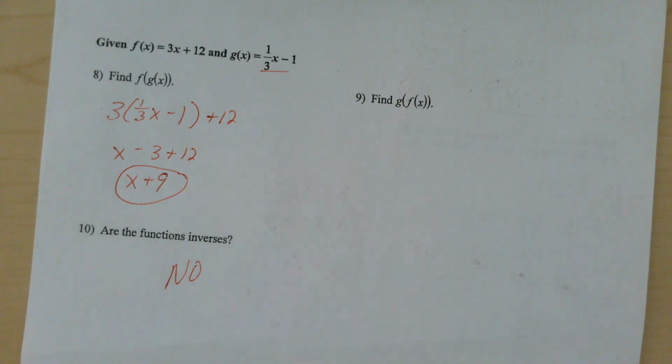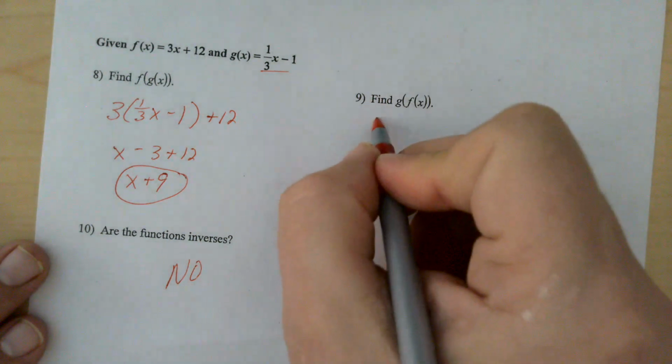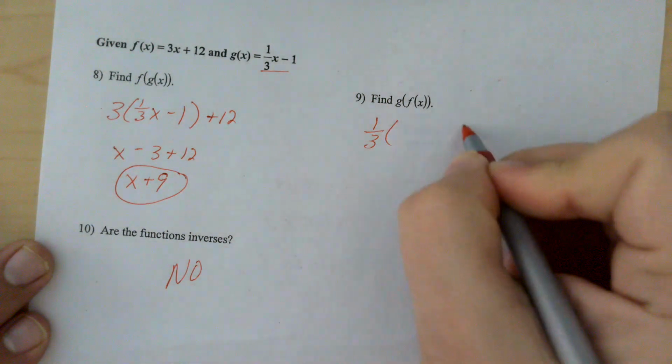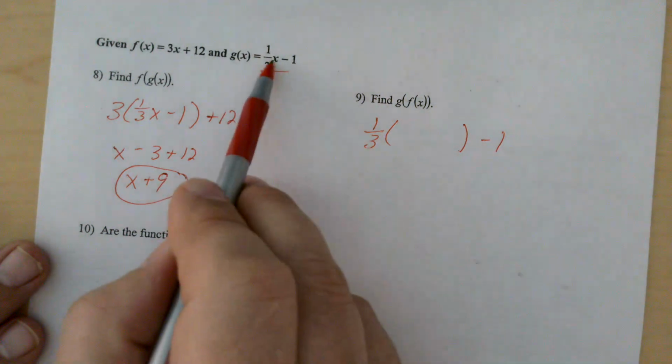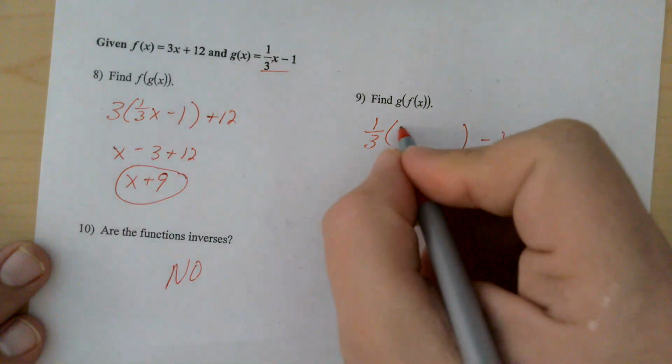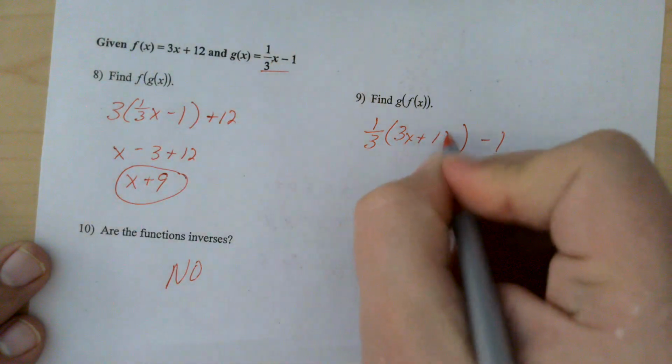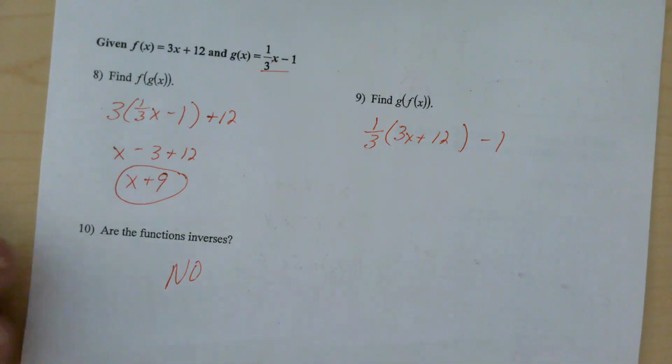I can say no because this was not an x, but I still want you to find g of f of x. So for g of f of x, I take my g rule and I substitute the x. So this x gets replaced with 3x plus 12. Okay, and I'm just going to clean up.